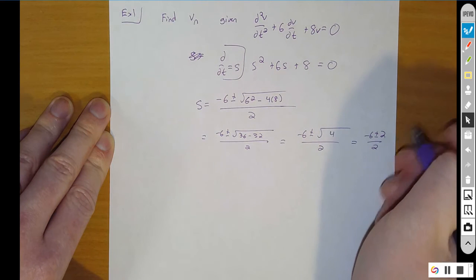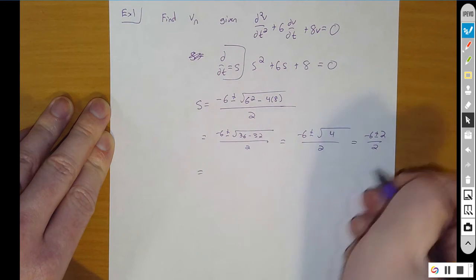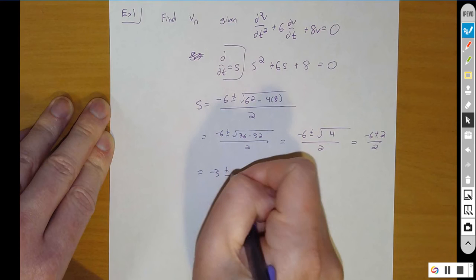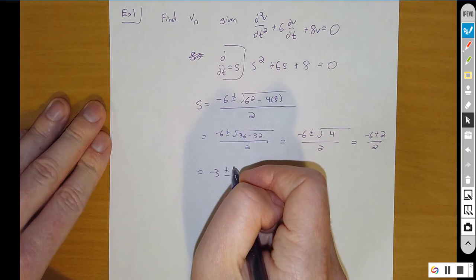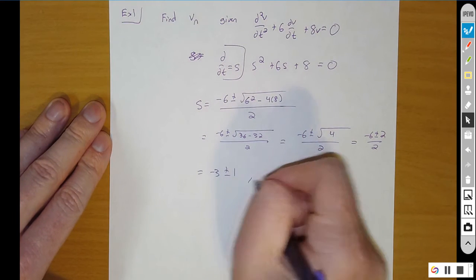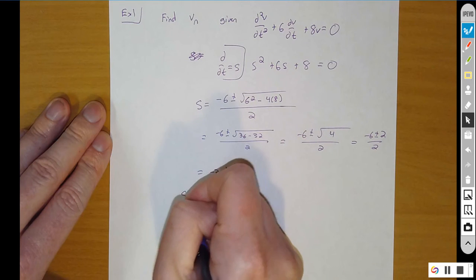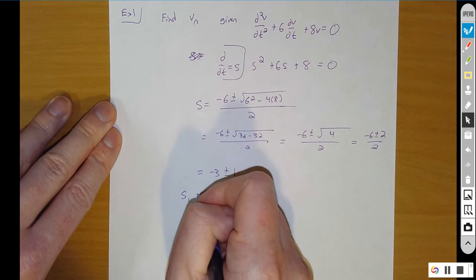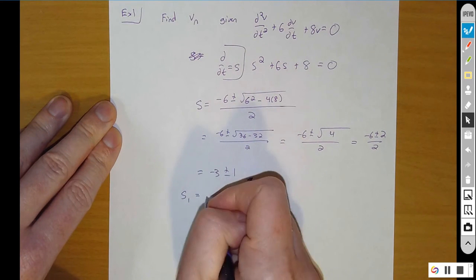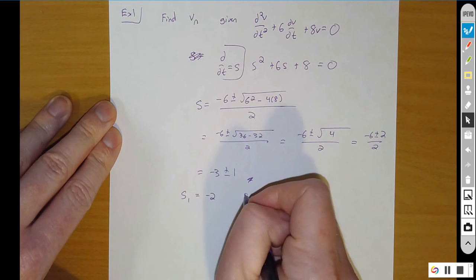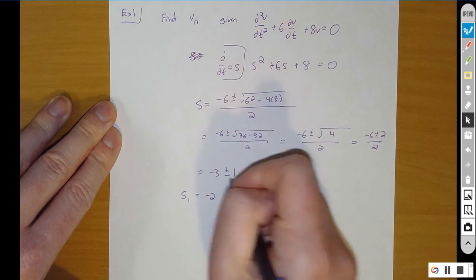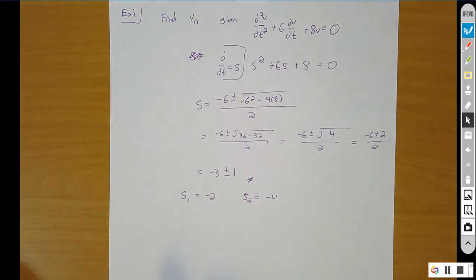That's 2 over 2, and that becomes negative 3 plus or minus 1, which means our roots are s1 equals negative 3 plus 1, so negative 2, and s2 is negative 4. It doesn't matter which one is s1 and which is s2. If you flip these, it wouldn't matter.